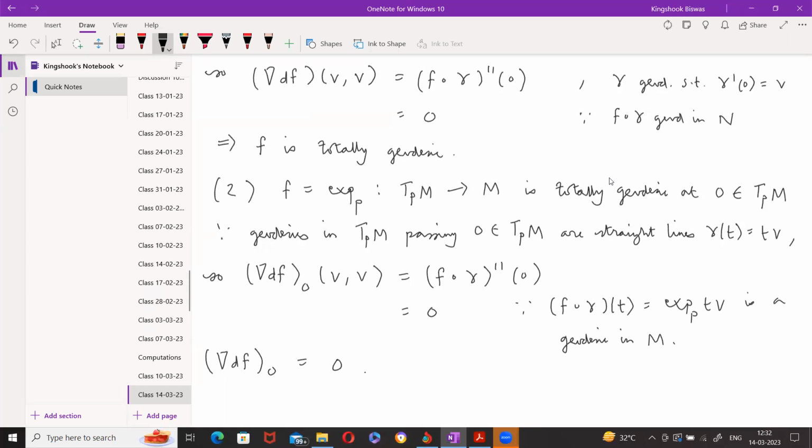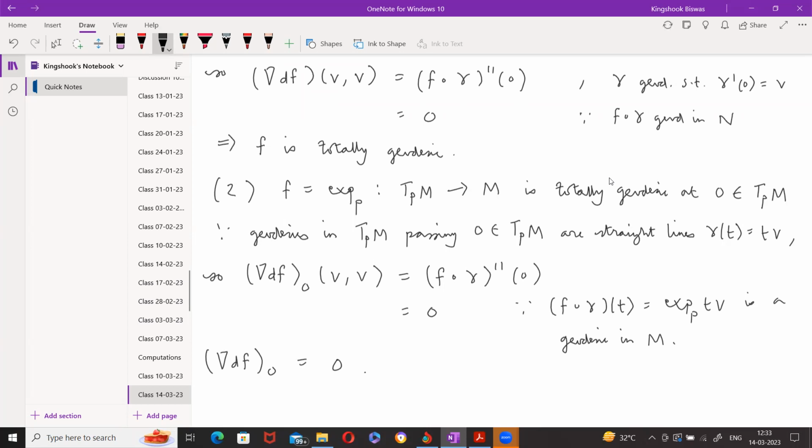And I don't know that exponential of W plus tV is a geodesic. I only know that the exponential of tV is a geodesic. Is that clear? Yes. Okay. So I can say, therefore, the exponential map is totally geodesic at the origin.